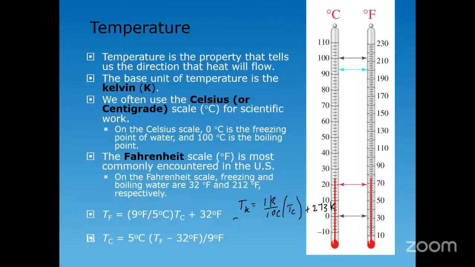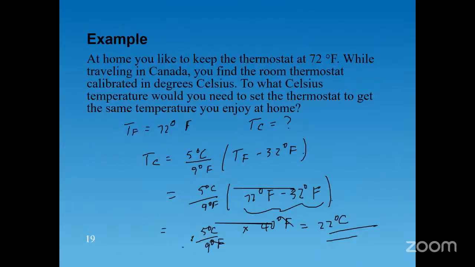Okay, so here's an example, and I actually worked this example yesterday in the class that I teach at Citrus, so that's why I see these scribblings right here. Let's say you decide to go to Canada, and everything is calibrated in degrees Celsius, including the room thermostat in the hotel that you're staying in. You want to keep the temperature at 72 degrees Fahrenheit because that's what you're comfortable with. So the question is, how would you set the thermostat in the hotel room to get the same equivalent temperature?